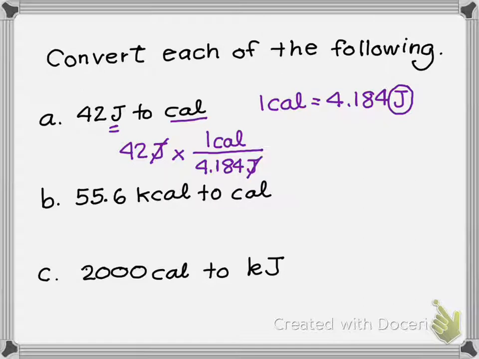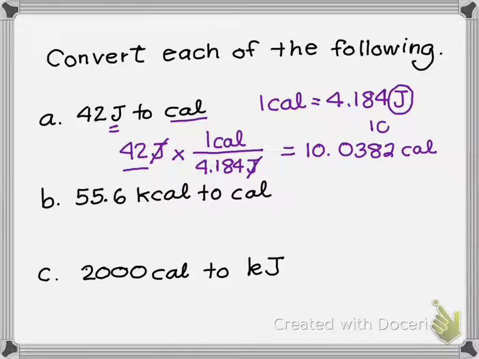The joules cancel, and then dividing 42 by 4.184, we get 10.0382. This is going to be calories. And if I was rounding, I think I would go to 2 significant figures.